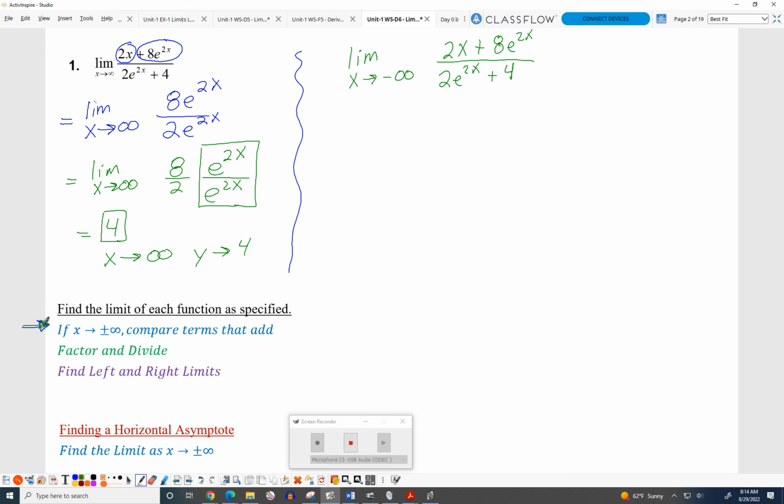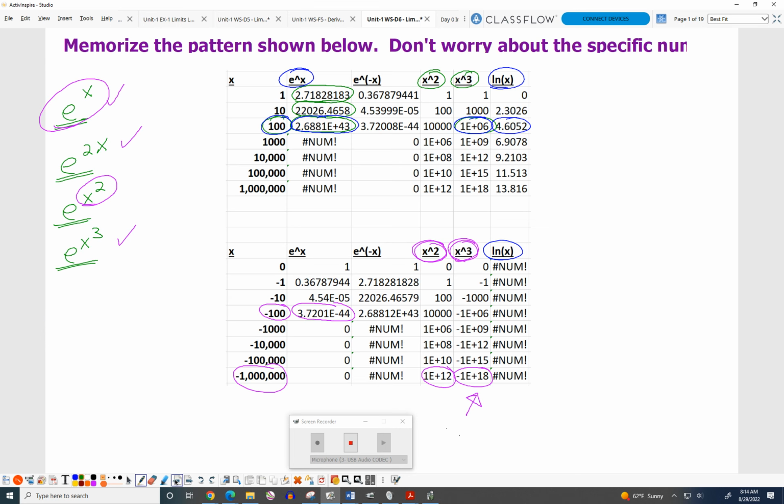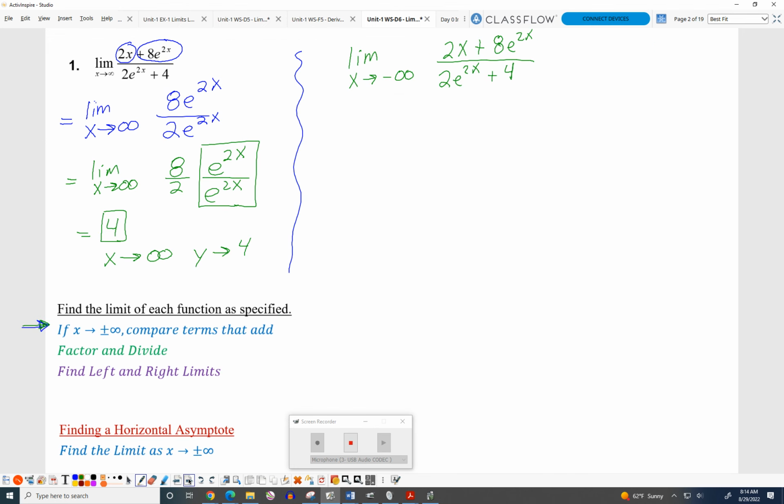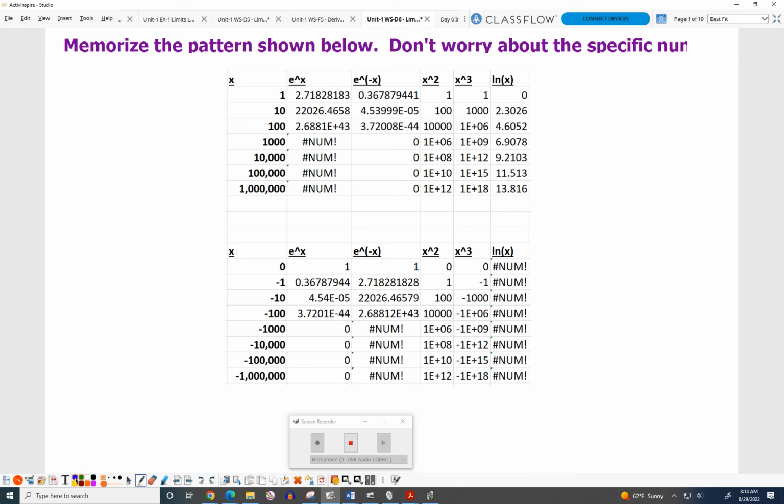But now we have to remember the chart I just showed you. So look here, we're comparing 2x and 8e to the 2x.